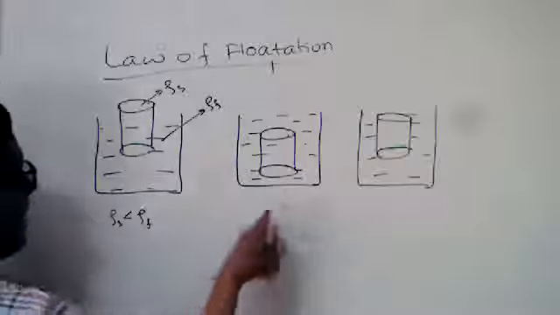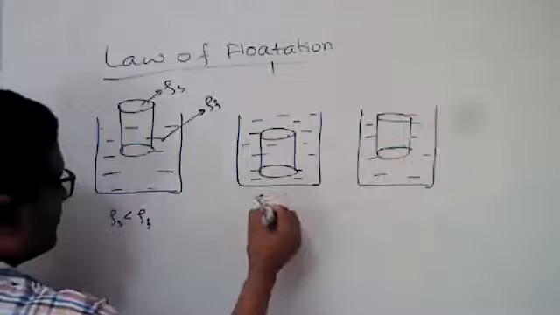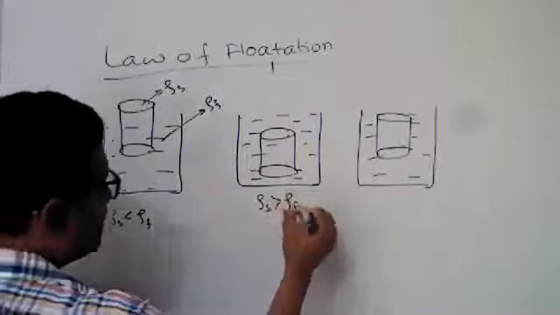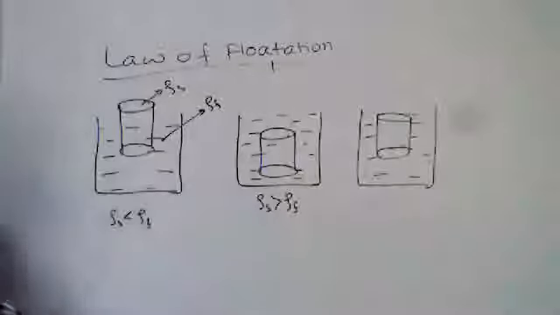This is the condition. And here rho_s is greater than rho_f. The density of the solid is greater than the density of the fluid. In this case, the object is submerged in the liquid.